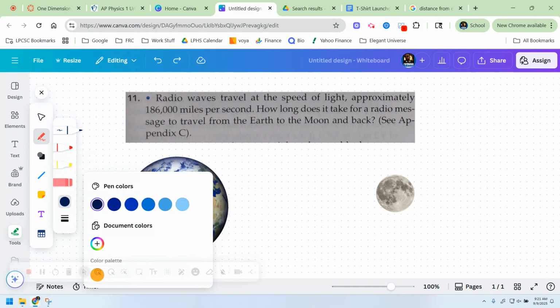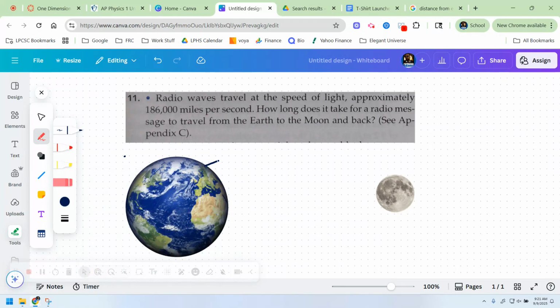there's a radio tower like this, perfectly drawn radio tower. And then it broadcasts a signal, bloop, bloop, bloop.